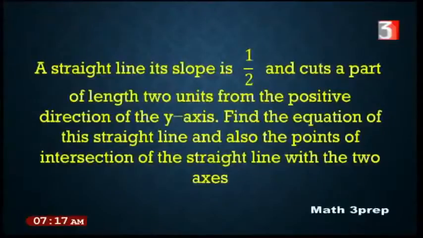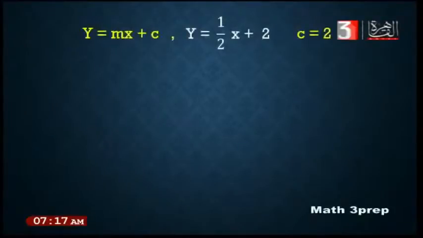First of all, what about the equation of the straight line? It is y equals mx plus c. What about the slope? It is half. What about the y-intercept, which is the c? It's 2. So y equals half x plus 2. And in this case, we obtain the value of c as 2.